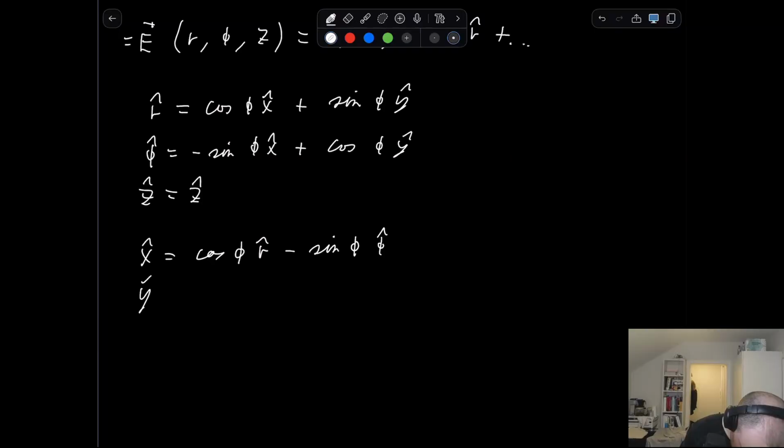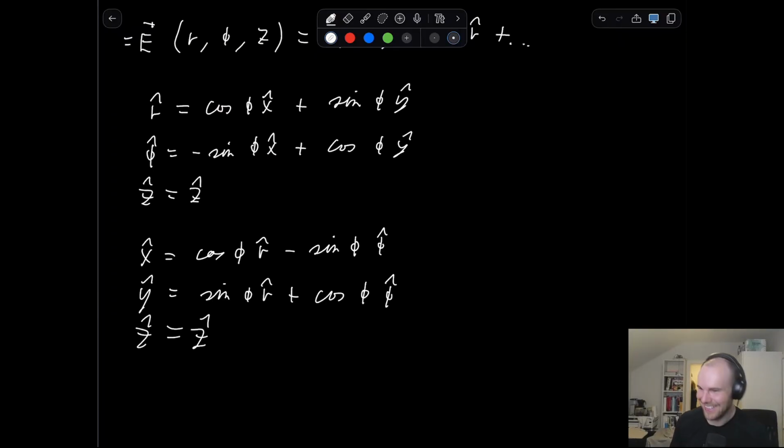I can do the same thing for y hat. Y hat is just sine of phi in the r hat direction, and then I just have plus cosine of phi in the phi hat direction. And z is just still boring z hat, like that. Cool.